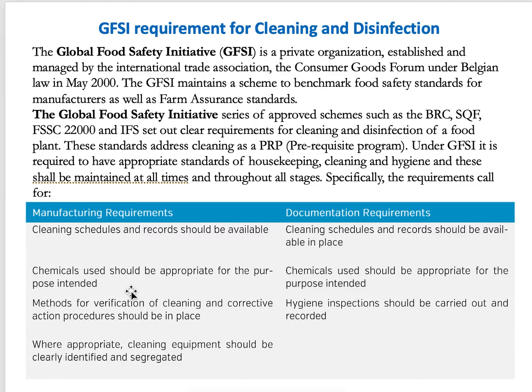Methods for verification of cleaning and corrective action procedures should be in place, while appropriate cleaning equipment should be clearly identified and segregated. These requirements are needed for safe manufacturing. And then documentation requirements: cleaning schedules and records should be available in place. Chemicals used should be appropriate for the purpose intended. Hygiene inspections should be carried out and recorded.